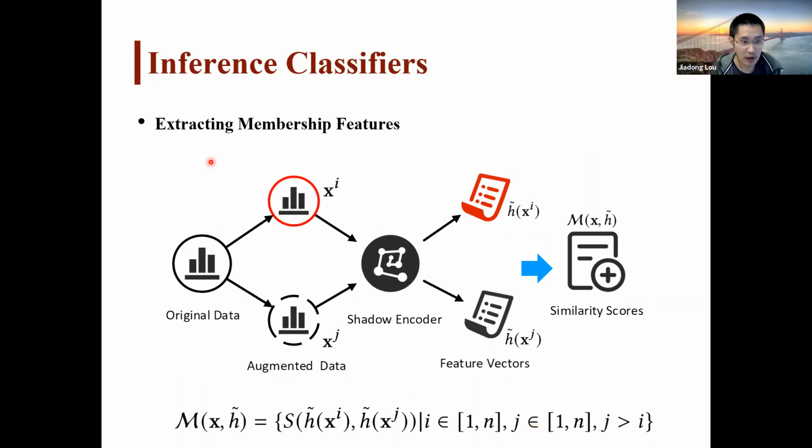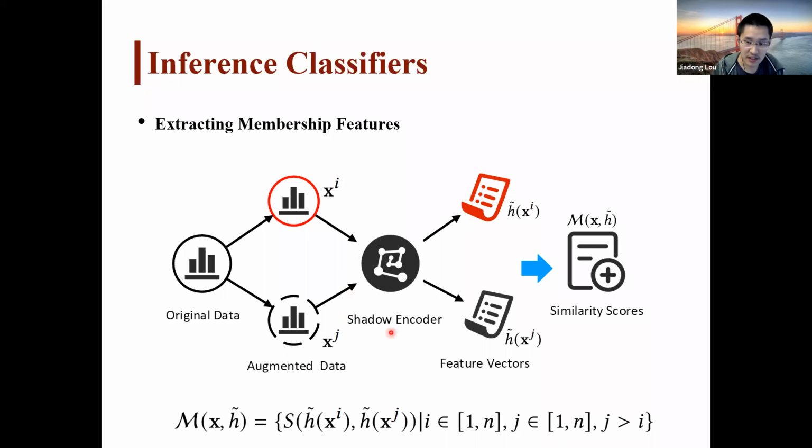So next they extract the membership features. Given an input X, the original data, they first create some augmented input data using a data augmentation module. This data augmentation module can be carried over from the encoder training algorithm.